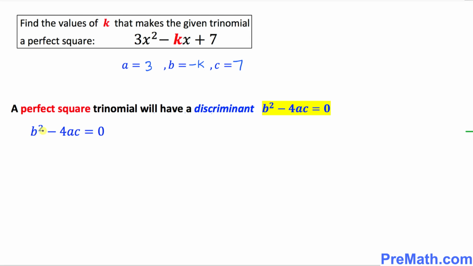So let's fill in the blanks in this discriminant. b squared, b in our case is negative k, squared, minus 4 times a is 3, c is 7, equal to 0. Negative k squared is going to become k squared minus, when you multiply this, that's going to give us 84 equal to 0.